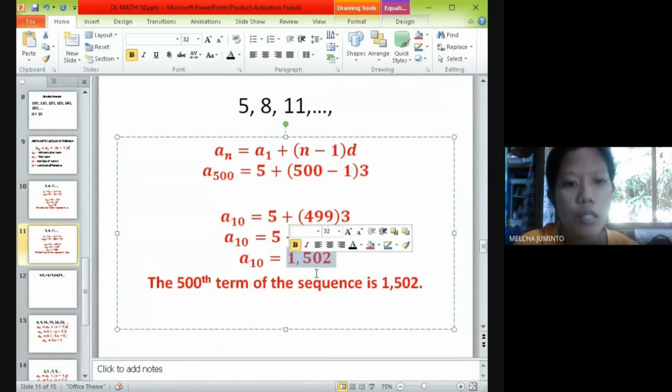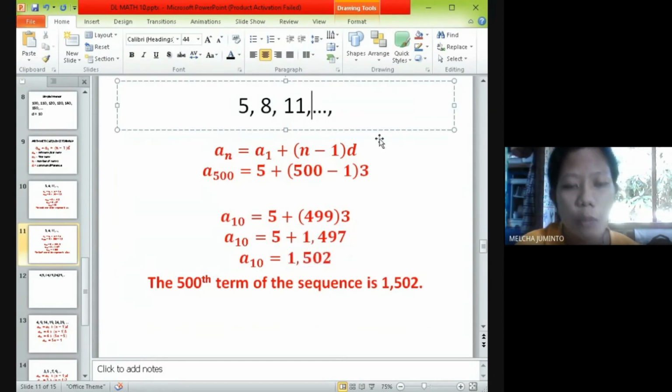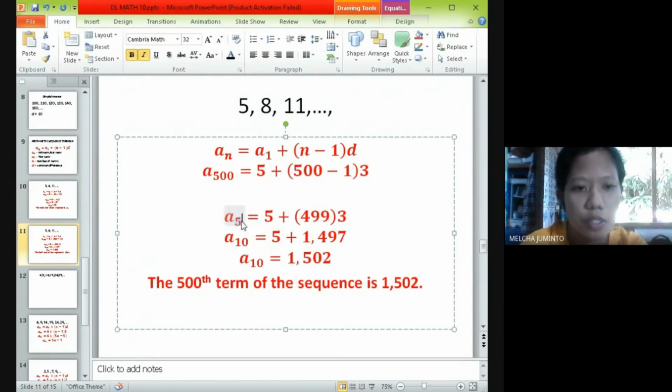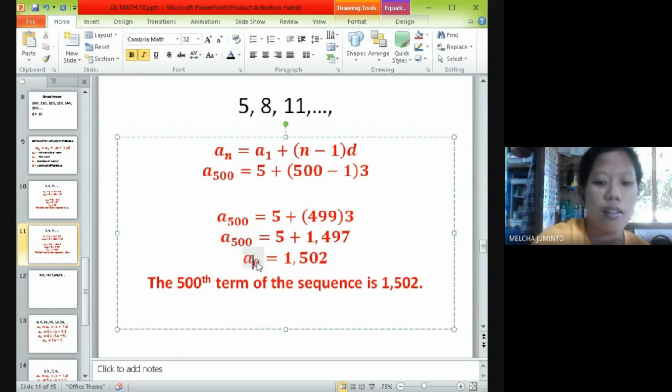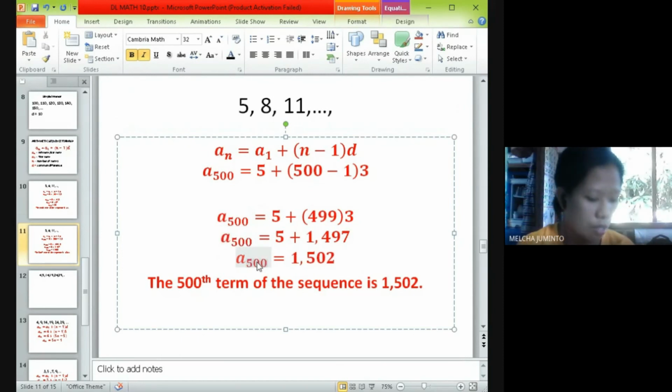So, kung isa-isahin mo siya, masyadong matagal hanggang makarating ka doon sa ika-500 na term. But with the use of the formula, you can easily find the term that will fall in the 500th position, because you simply need to use a constant formula as long as the given sequence is arithmetic. Okay?